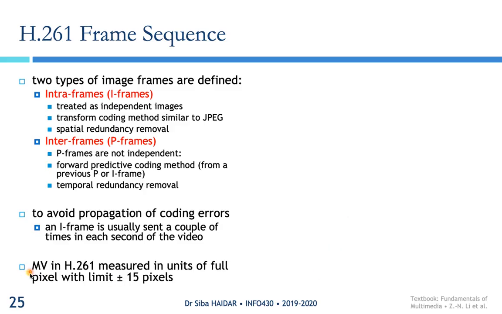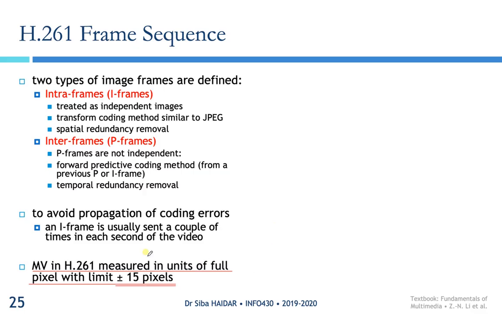So the motion vectors in H.261, you remember we searched inside a search window in units of full pixel with limits of plus or minus 15 pixels. So P will be equal to plus or minus 15 pixels, and the search window is 2P plus 1.